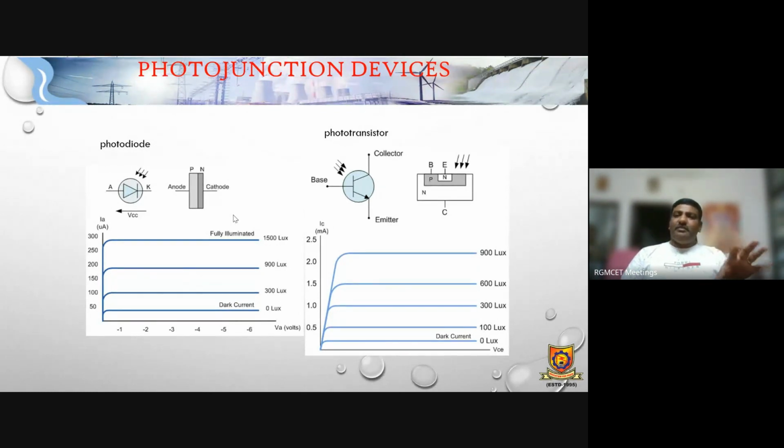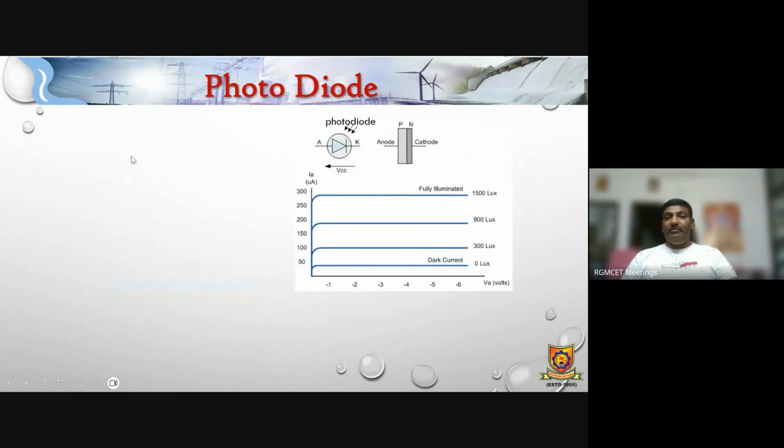There is the normal diode symbol and the normal transistor symbol, and the only change is the light symbol, which should be placed. Then only can we call it a photodiode or phototransistor. The photodiode and phototransistor also work in the reverse bias direction. Photodiode works in reverse bias direction also. That is the advantage we have.